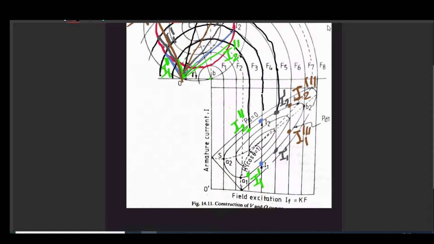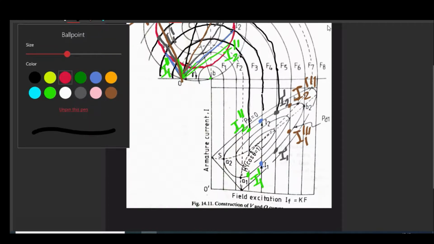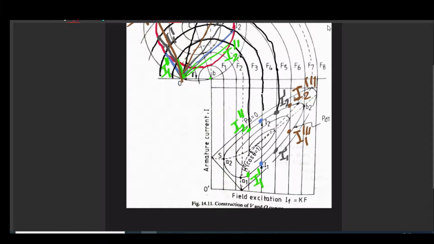You will get different such points, and after obtaining all those points, if you join them, you will get a closed contour like this. Interestingly, this represents all the values of armature current for different field excitation.